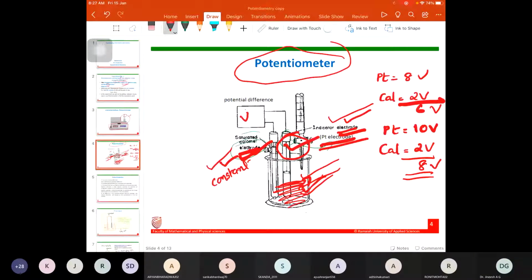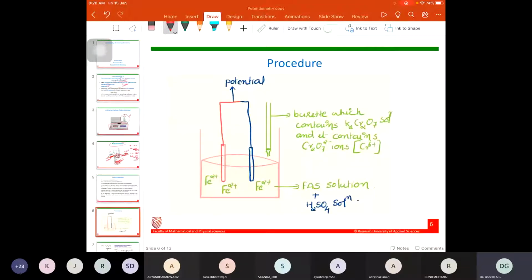Clear? Yes, sir. How to perform the experiment, that I am going to discuss with you now. To perform this experiment, we have to take ferrous ammonium sulfate solution, 25 ml, in a beaker.